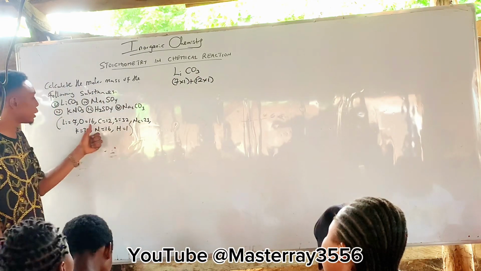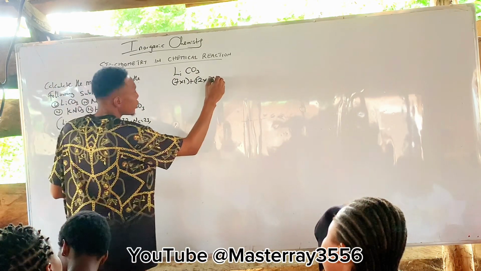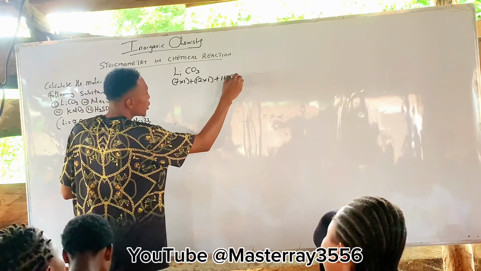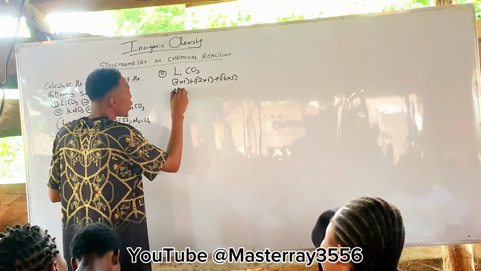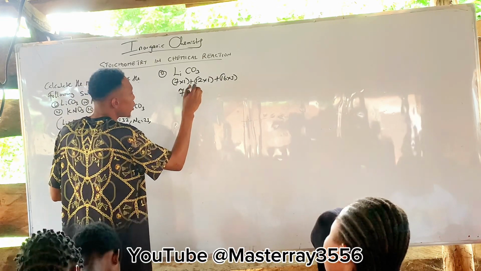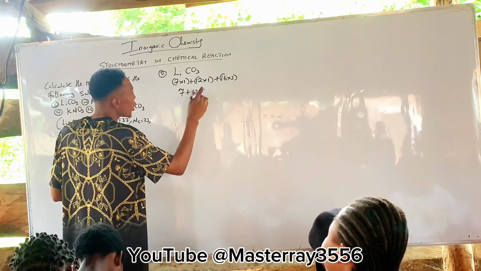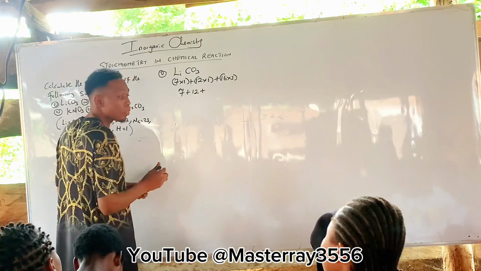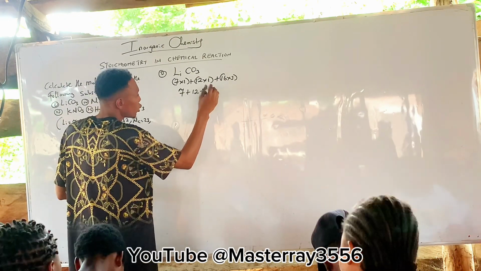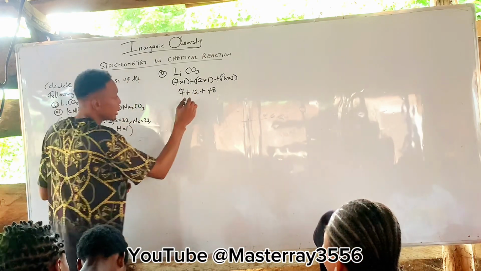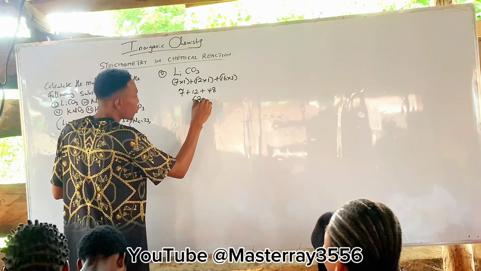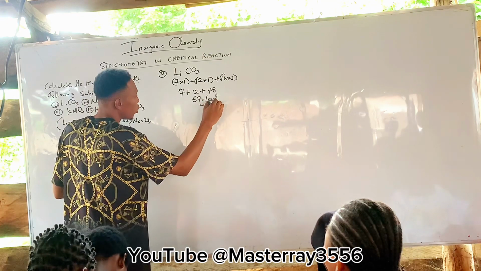Oxygen is 16, that is 16 times 3. So from there, 7 times 1 is 7. Then plus 12 plus 16 times 3, 48. So add up everything. What do we have? 67. That is 67 gram per mole.